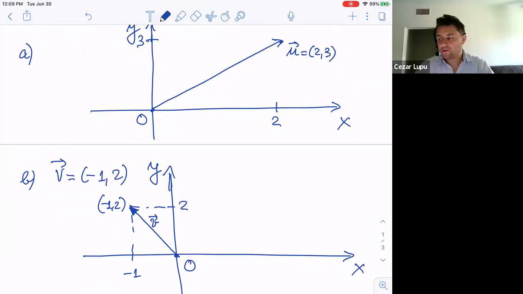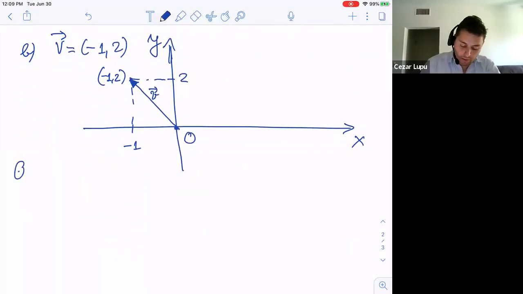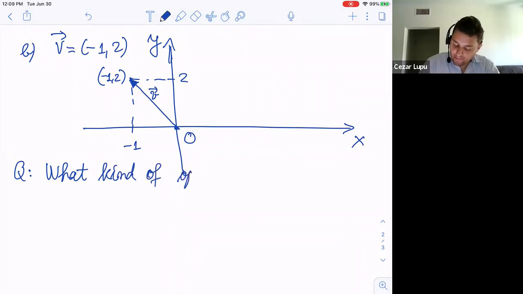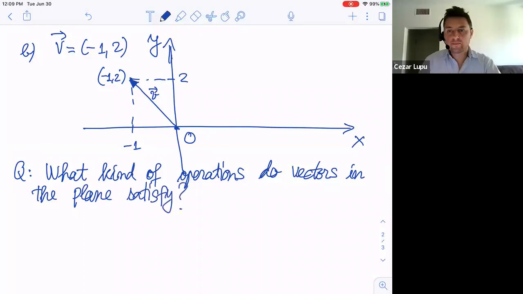Now, of course, we have seen what it means for two vectors to be equal. Now we want to see what kind of operations. So the question we want to ask is, what kind of operations do vectors in the plane satisfy?